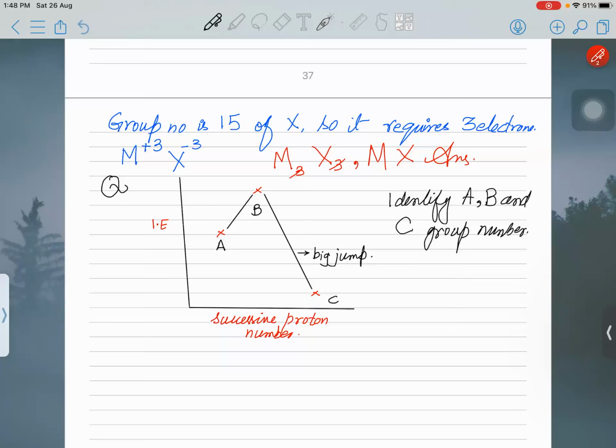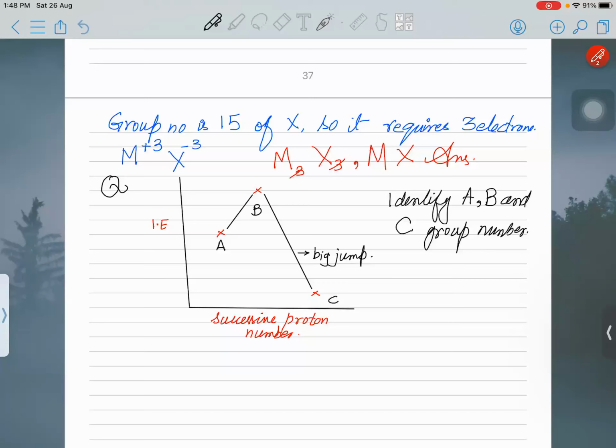Can anyone try this question? You have to try. What is the identity of A, B, and C? The periodic table is given. Now, can anyone try?